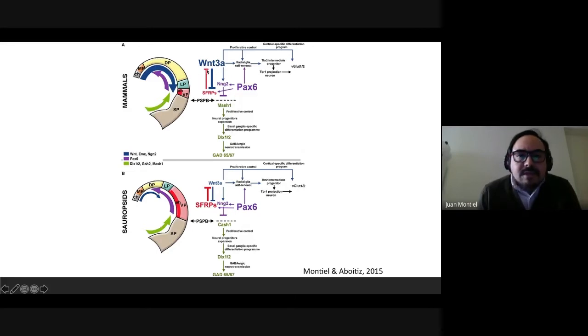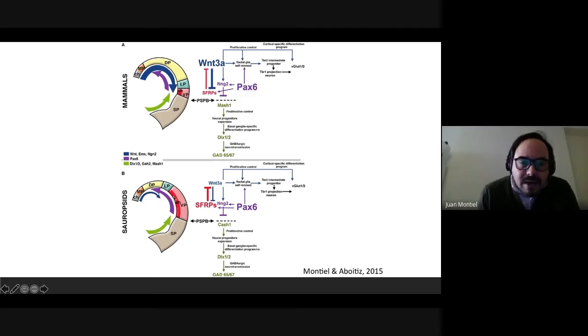And this signal is generated by a region that later on is going to be part of the hippocampus that is called the cortical hem. A difference in sauropsids, which are avian and reptilian species, is that we don't have this highly developed cortical hem, so the Wnt signal is not so high, but we have a very high signal of Pax6 deriving from the region that is called the antihem, and that corresponds to the ventral pallium.